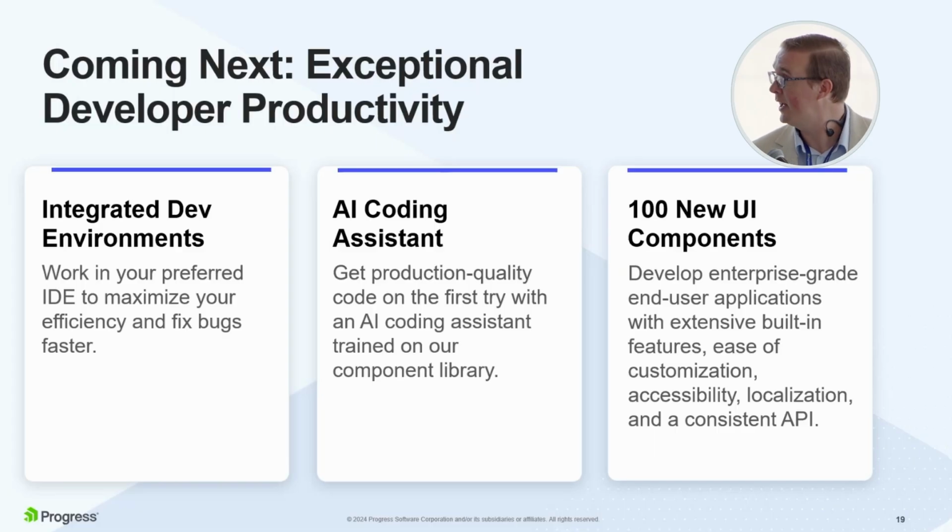And in addition to that, one of the things that's coming up in the next version, hundreds of new components, specifically all of the components from Kendo UI are going to be available as part of FastTrack.